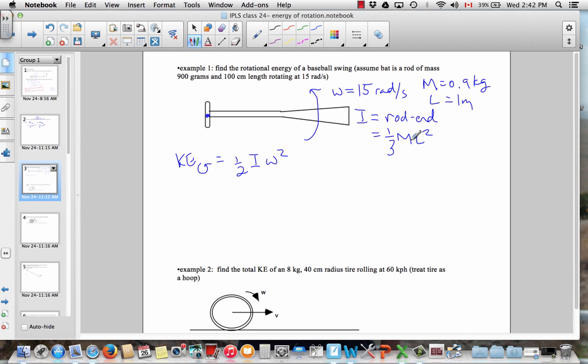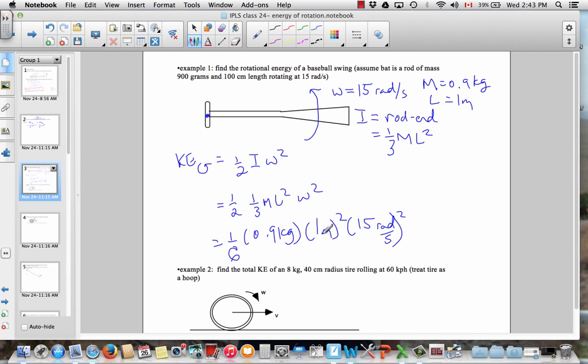Put mass and length here, get inertia, substitute in inertia, substitute in the omega here. Or if you wanted, we could just show the substitution down here. So 1/2 of a third is a 1/6. Then we've got 0.9 kilograms. I guess this is worth doing because we'll just see the units emerge here.